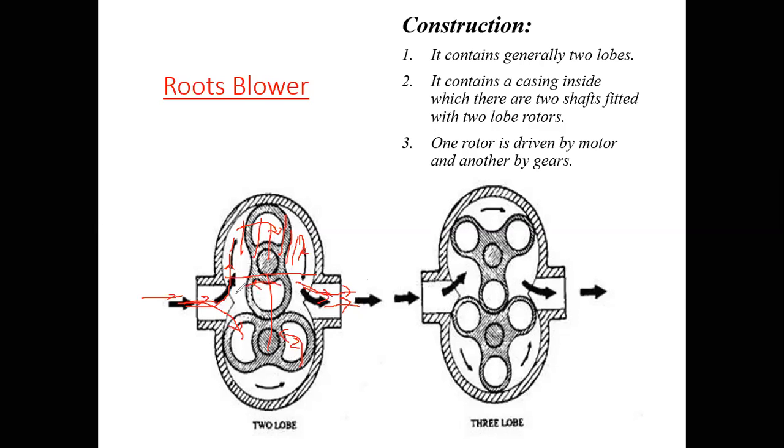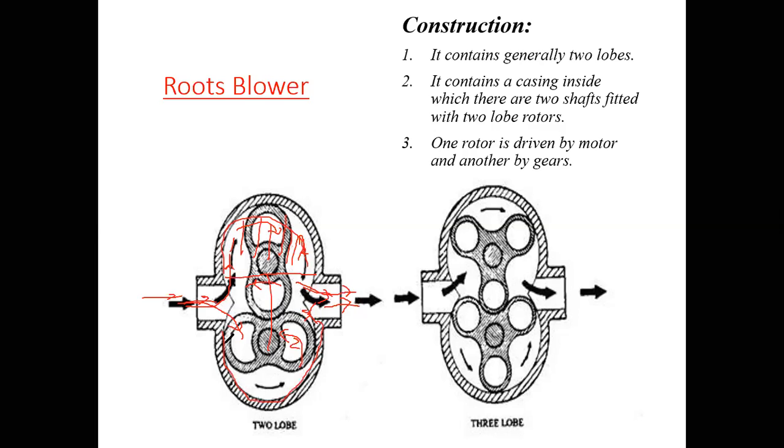So this enables a suction on this side, and rotor number two will also rotate and will give the discharge from this side after a 90-degree movement. So this is how we can get the discharge from this side, and we can trap the air from this side also.